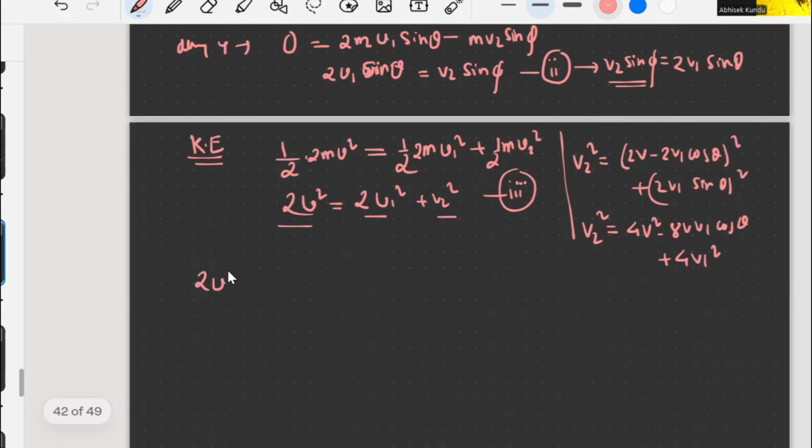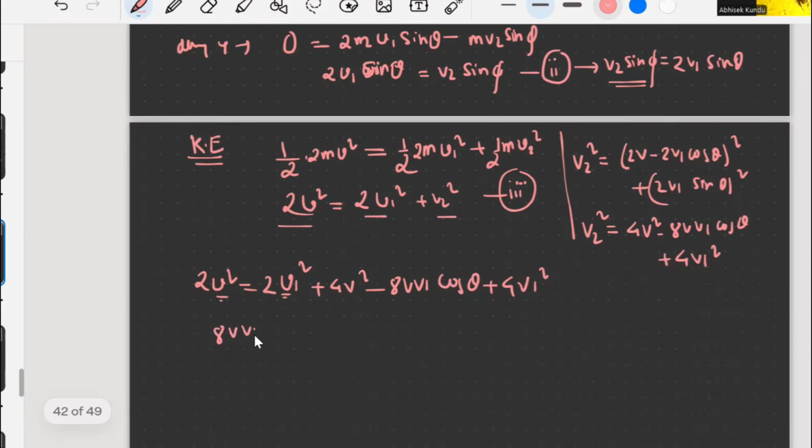So we'll just do that. Plus 4v square minus 8v v1 cos theta plus 4v1 square. Finally, my motto is to get some term of theta in terms of other variables, v or v1. If v is constant, v1 will be the variable, so that we can differentiate with respect to that and make it 0 in order to find out the maximum angle. That's our goal.